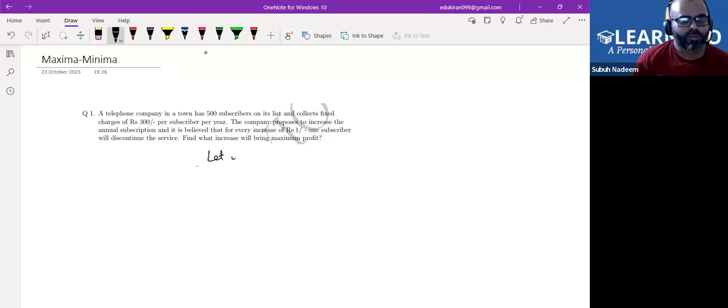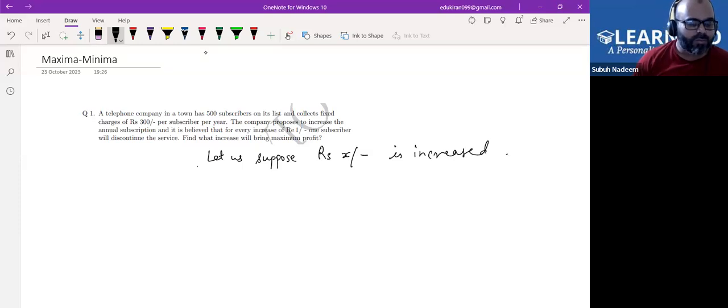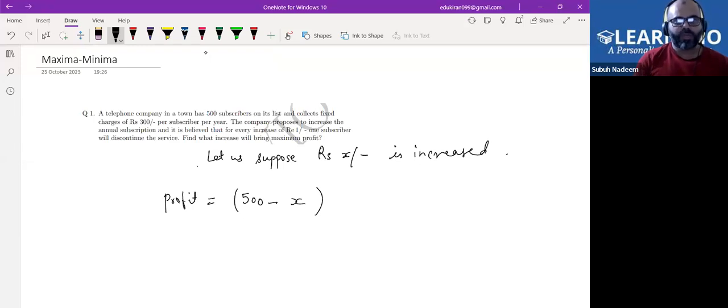So let us suppose rupee X is increased. So profit would be the number of subscribers into the amount. The number of subscribers will go down from 500 to how much? 500 minus X, because it is saying that for every 1 rupee increase, there is one subscriber who will discontinue the service.